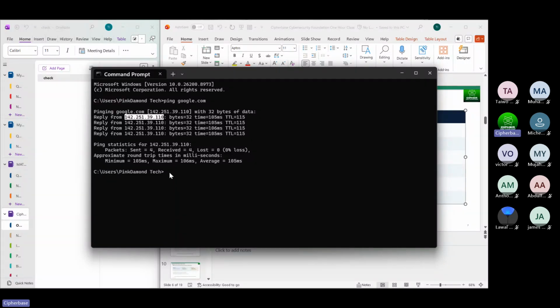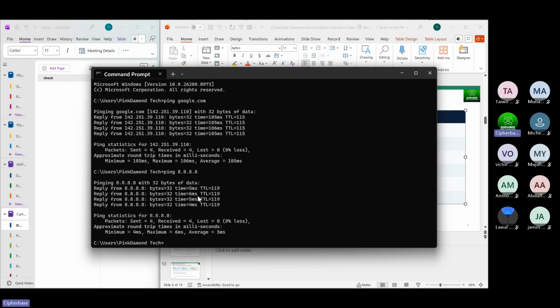Let me ping their server, ping 8.8.8.8. As you can see, we ping 8.8.8.8 here, and this one belongs to Google as well. This 8.8.8.8 is for Google, for their server.